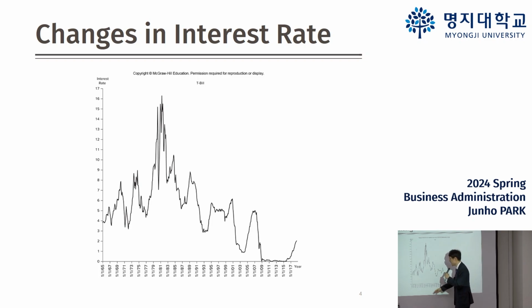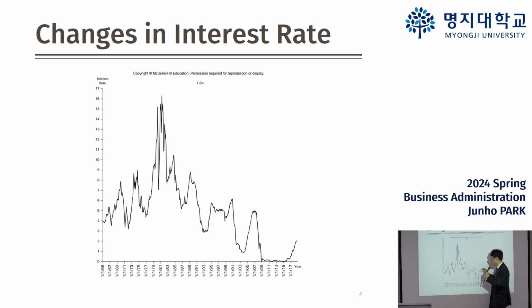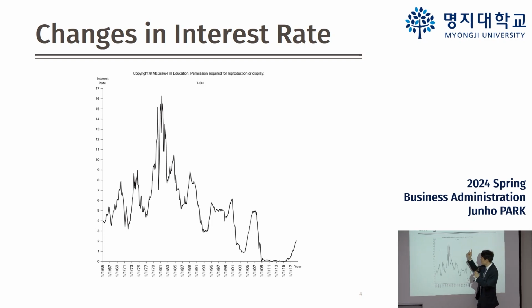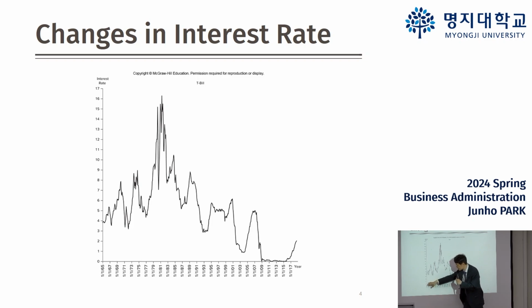You can see that it shows the interest rate from 1969 to 2017. During this long period, what we recently experienced is that the interest rate was very low, and this was not the normal case.